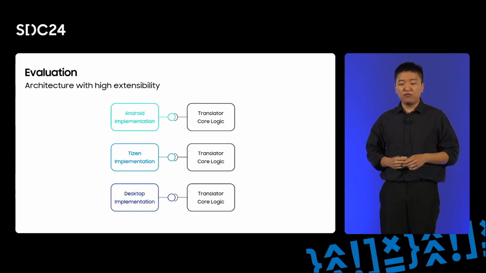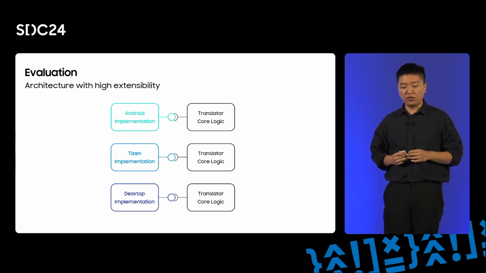Before talking about the evaluation infrastructure, I would like to introduce the rough view of our system architecture, which is designed for high extensibility. As the slide shows, most translation logic is modularized together, with only the interface needing the platform implementation open.